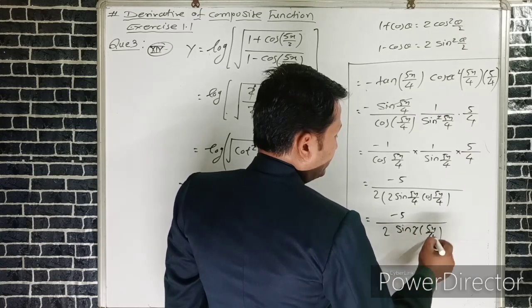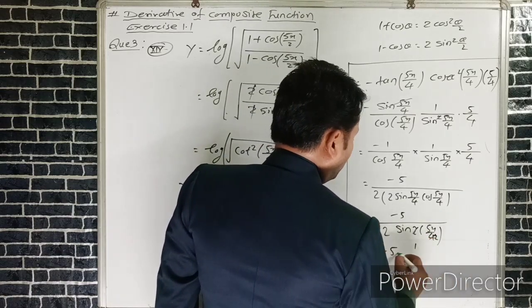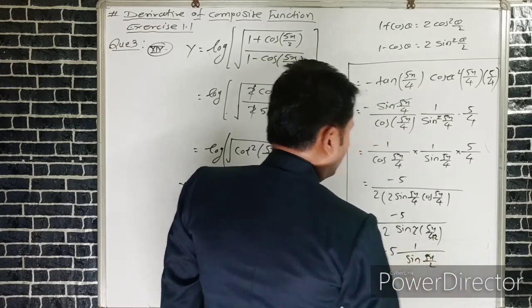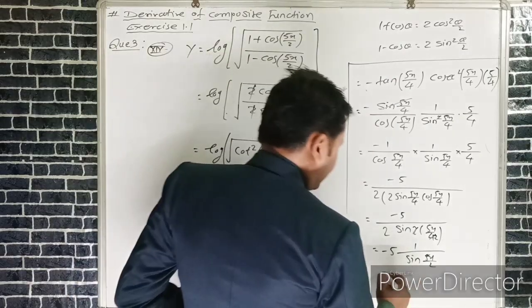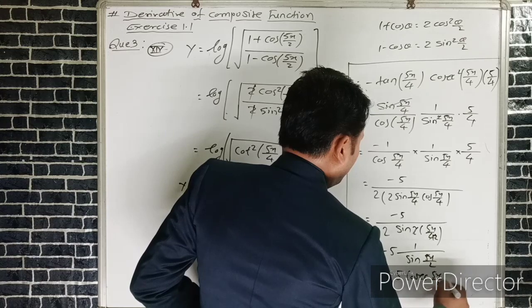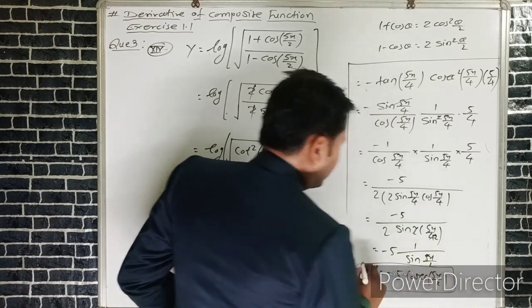Here 2 and 2 cancel. We can write it minus 5 into 1 upon sin of 5x upon 2. And we know that 1 upon sin is cosec. Hence we can write it minus 5 cosec of 5x upon 2, which is the required derivative of the given function.